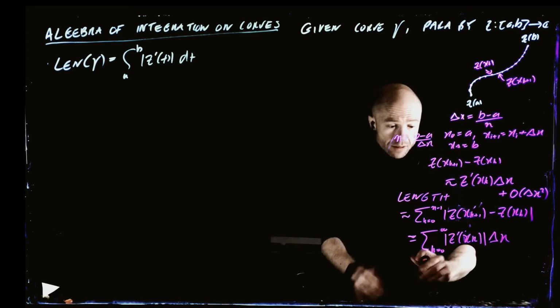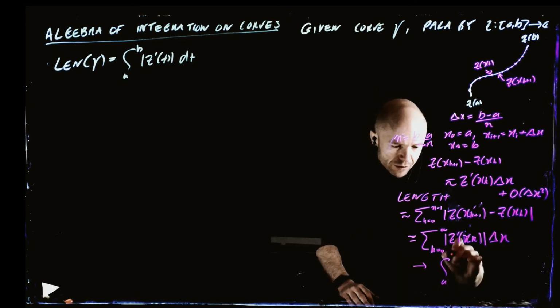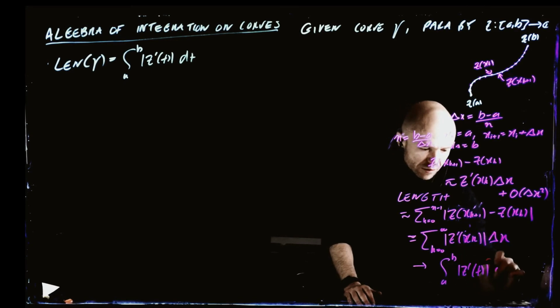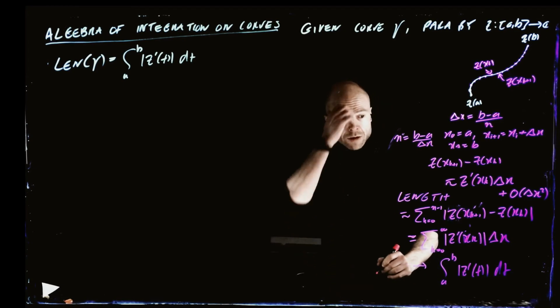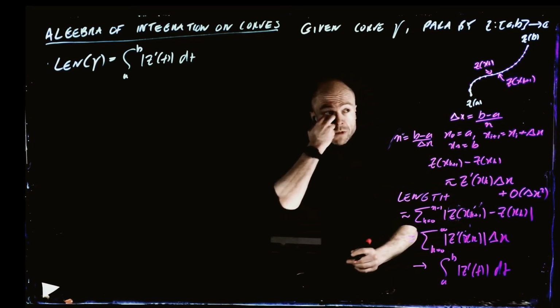And then this is just a Riemann sum. So this tends to the integral from a to b of the absolute value of z prime of t dt. All the formulas in calculus are proven in this way. This is what I call the Riemann sum machine.